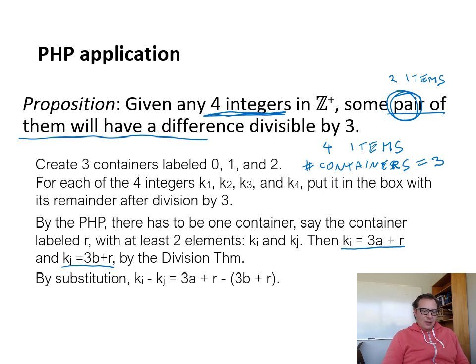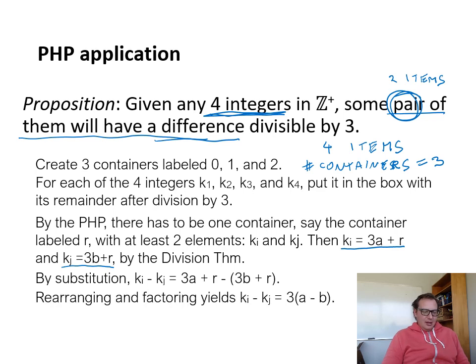So now we want to compute what the difference is, and we want to show it's divisible by 3. So in this case, ki minus kj is going to be equal to (3A plus R) minus (3B plus R). If we work on this a little bit, we get that ki minus kj is 3 times (A minus B).